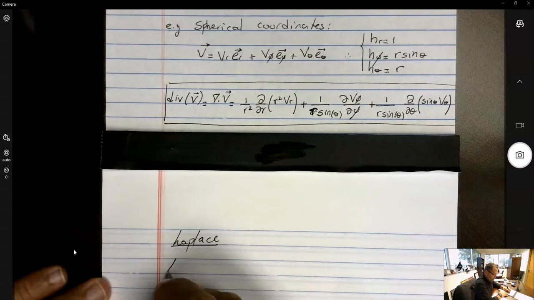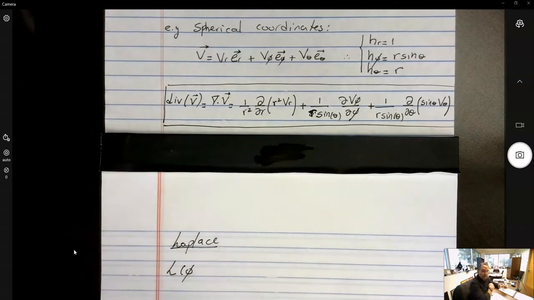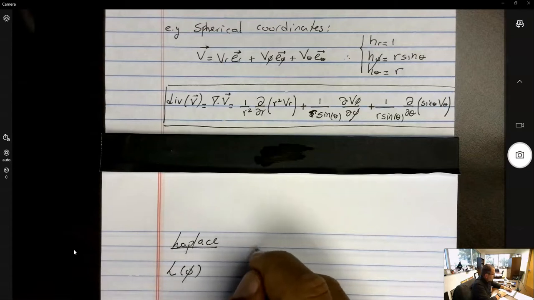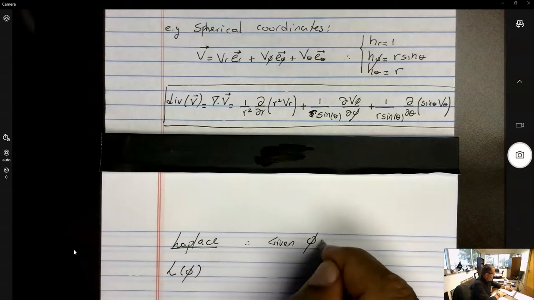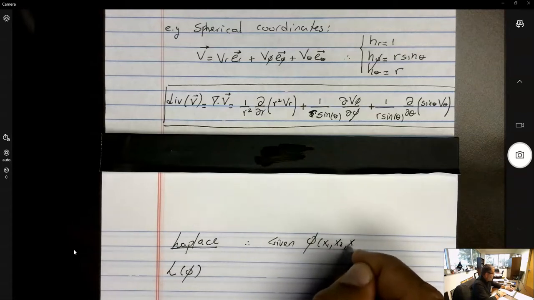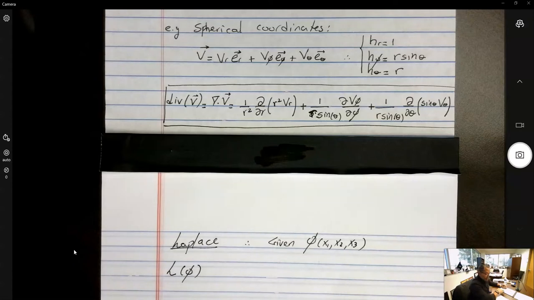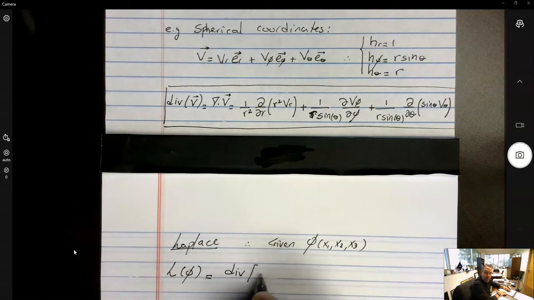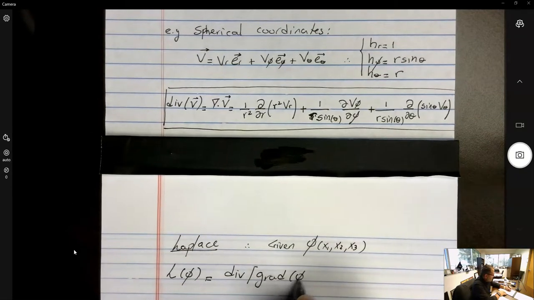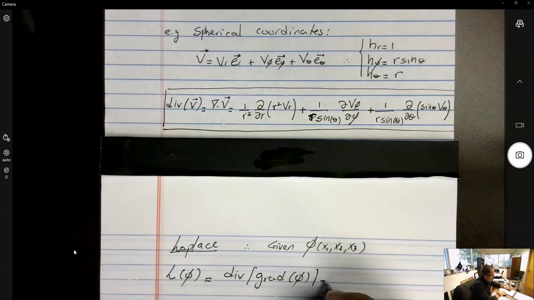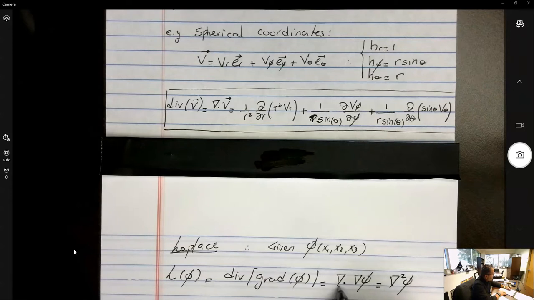So remember the Laplace of a scalar field. Given phi of x1, x2, x3, the Laplace, which is the divergence of the gradient of that field, can be denoted as del dot del phi, or simply as del squared phi, which is not the same as del dot phi, right?